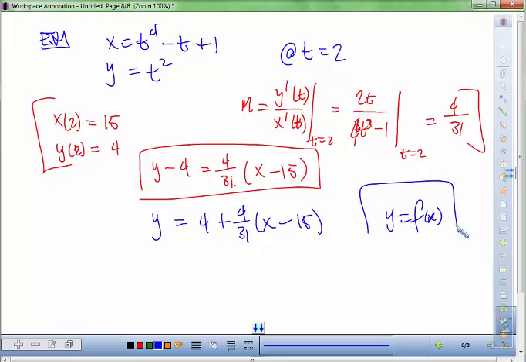Any ideas? Yeah? Can we just plug that into one of our original functions that we were given? So if we have t squared is equal to y, and for y is equal to, we just take square root of... Not quite. So the exercise that we had earlier was to eliminate the parameter and write it in Cartesian form.